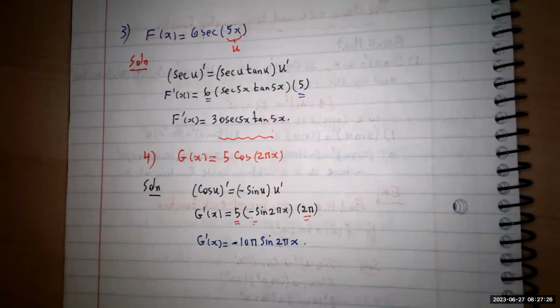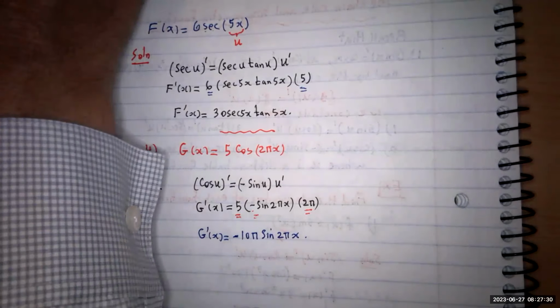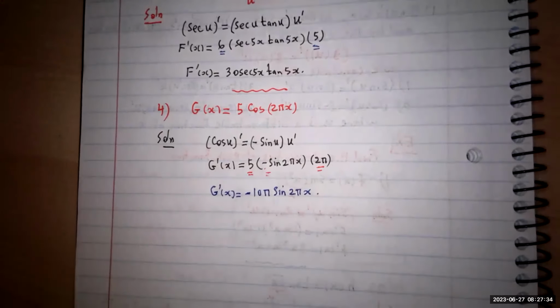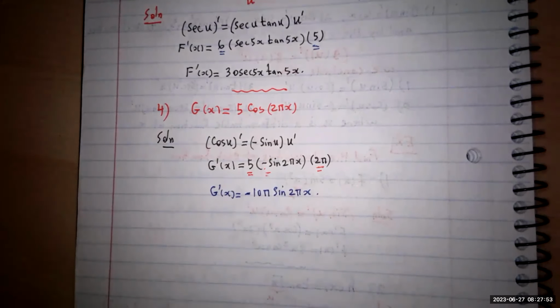This is the way you are going to see it later on. We have a very famous function, and I'm going to show you that function too. Any question? So make sure you don't miss that u prime. You have to multiply by the derivative of the inside function. You are going to see this category of function in future.